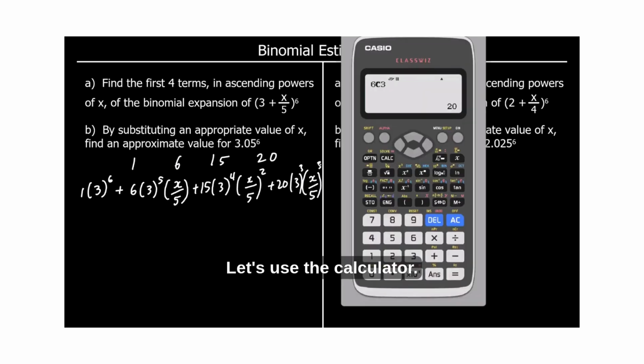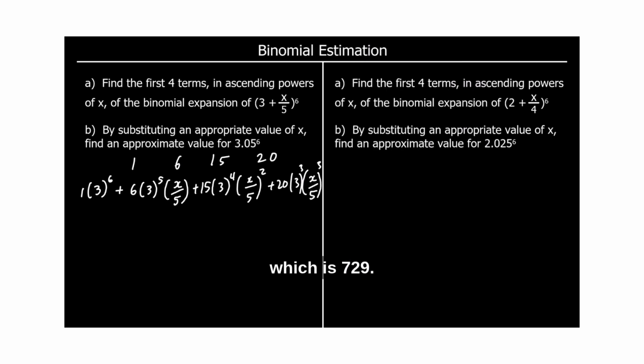Let's use the calculator. So we've got 3 to the power of 6, which is 729.